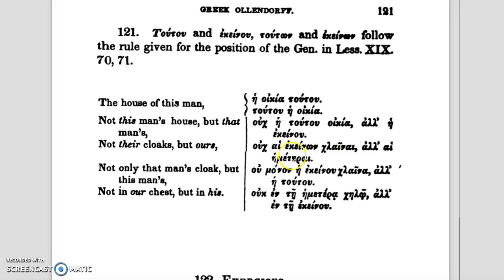So not their cloaks, not the cloaks of those. Al emettere, but the ours. So uch ekinon klene, not the cloaks of those, of them, of their. Al emettere, but the ours.